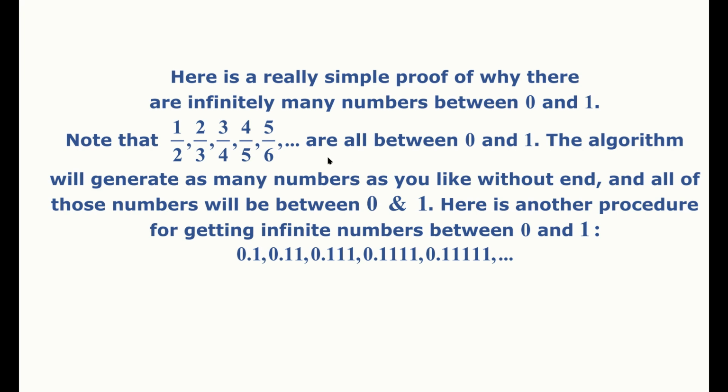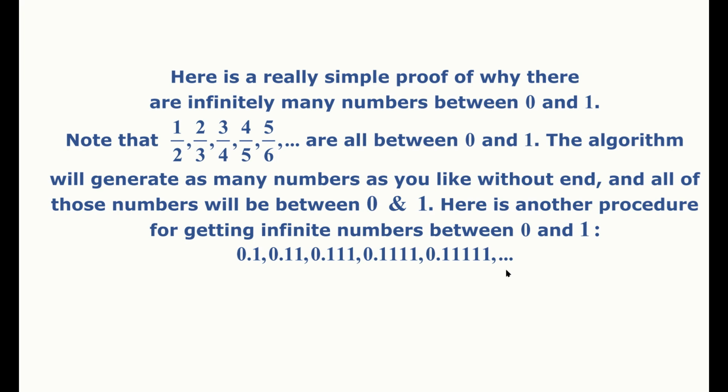Now, if you want a more interesting proof, you can always set up this kind of a scenario, right? So here's another proof that there are infinitely many numbers between 0 and 1. This time, I'm going to get you infinitely many numbers between 0 and 1, and I'm not even going to go any further than 0.12, for example, all right? So notice that I can start with the number 0.1, then I can pick the number 0.11, then I can pick this number.